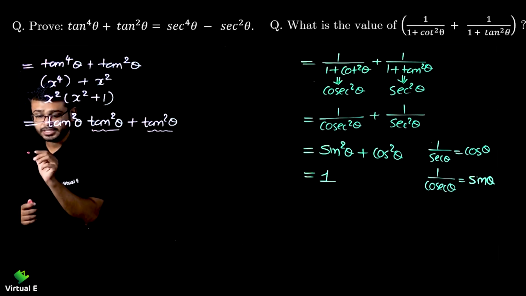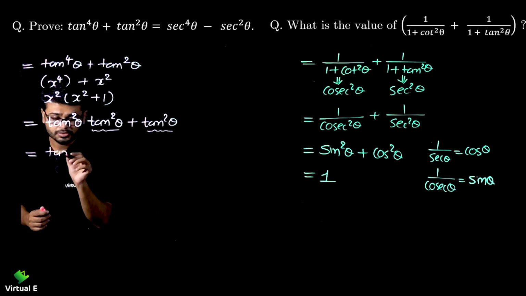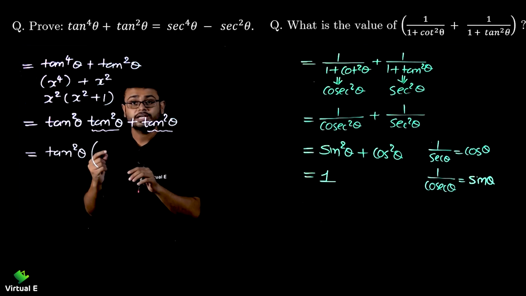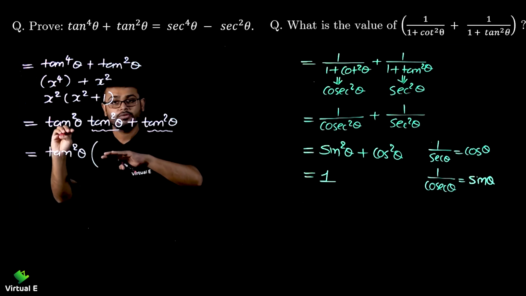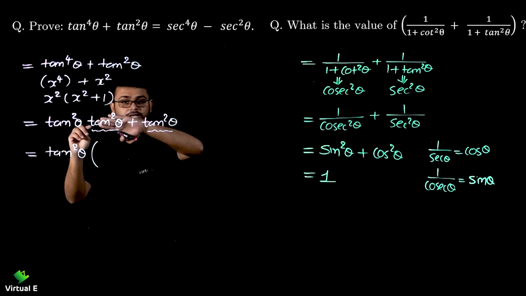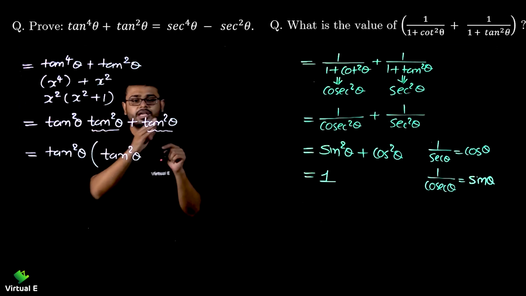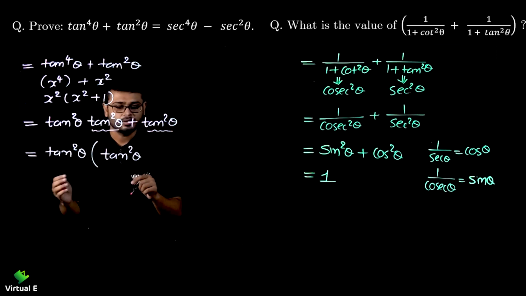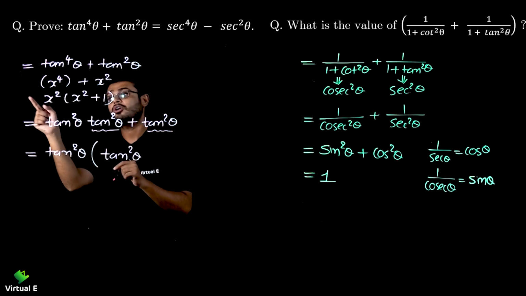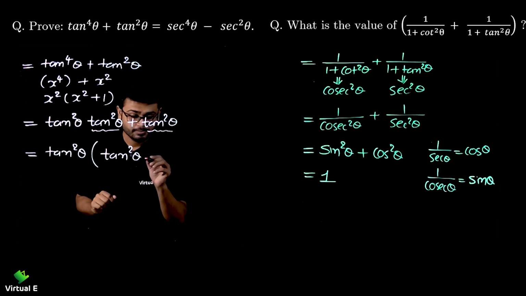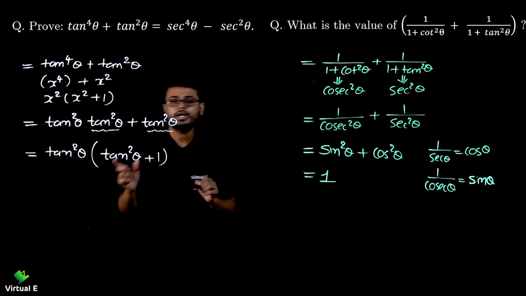So let's take tan square theta common, and here if I take tan square theta common, this tan square theta is still over here, right? If you hide it, so tan square theta here. Then if I take this whole term common, what I'm going to write? See, if I take x square common, I'm going to write 1. If I take tan square theta common, what I'm going to write? Plus 1. So I hope you are clear with this step.